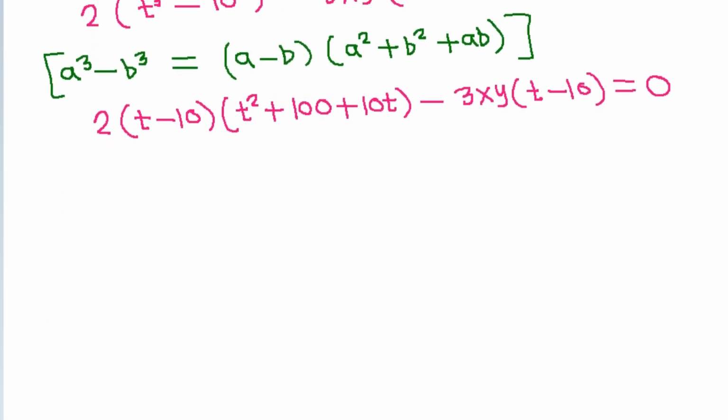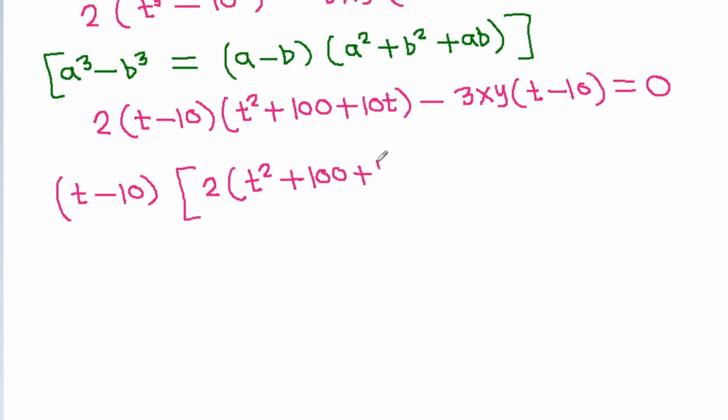And we can take t minus 10 common, and it is 2 times t square plus 100 plus 10t minus 3xy is equal to 0.